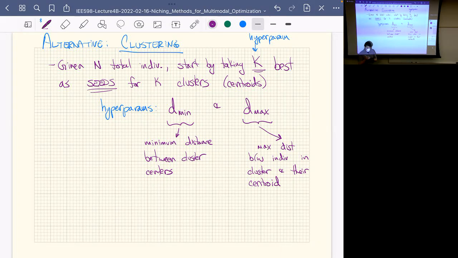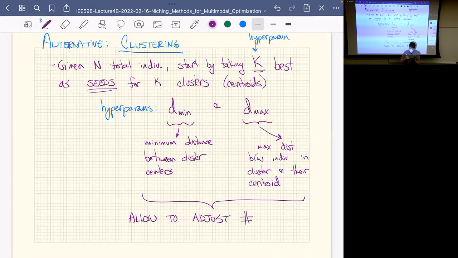We can start out by taking the k-best, but based on the feasibility of this, these two allow us to adjust the number of clusters and cluster members.